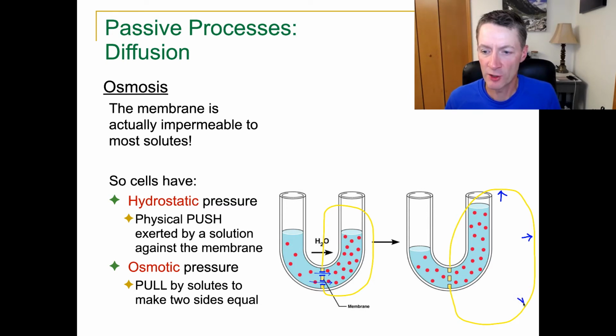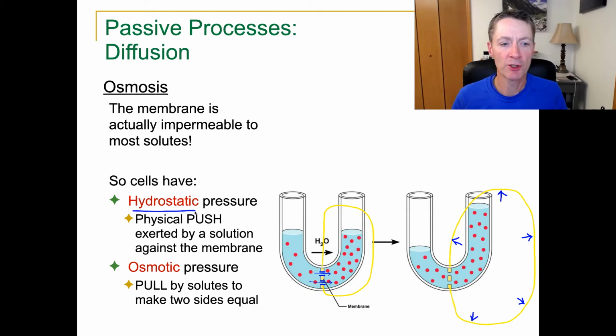It's just a physical push that's going to be felt, a physical exertion as a result of all of the fluids that would build up in that cell, right? This is what we call hydrostatic pressure. It's a physical push exerted by a solution against a membrane, right?